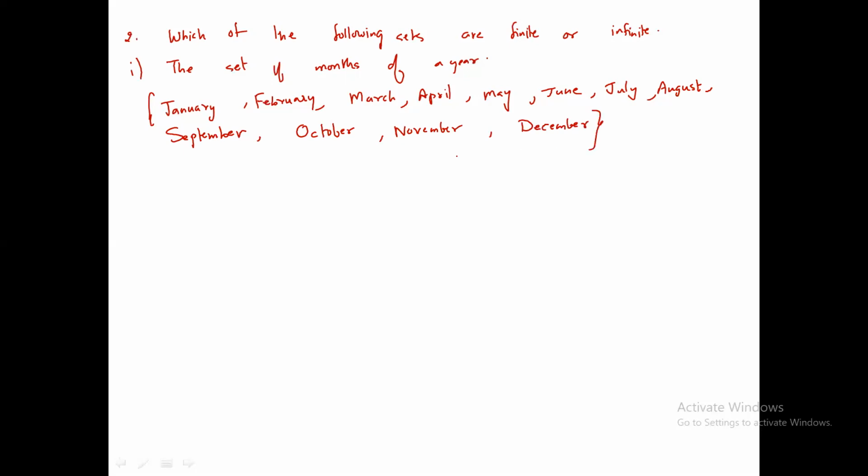So I completed writing all the months of a year. And I can count 1, 2, 3, 4, 5, 6, 7, 8, 9, 10, 11, 12. There are 12 elements I can count and tell. So this is a finite set because I can count.